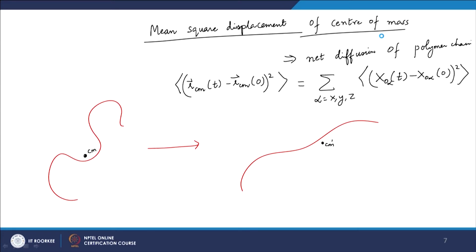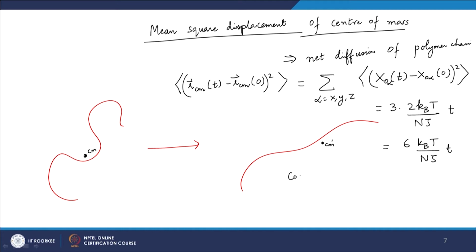So, using this, this term is simply equal to 3 multiplied, because it will be the same for all x, y, z, 2 kBT by zeta naught, which is N zeta, t, that is 6 kBT by N zeta t.